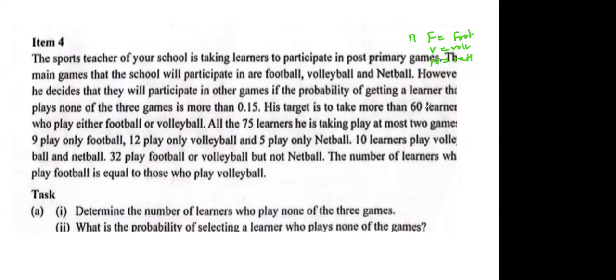Because here, when they say either, that is where you had to remember which words. So this either here, where his target is take more than 60 learners who play either football or volleyball. Now, let me put it here on the Venn diagram first. I'm just using two for understanding.